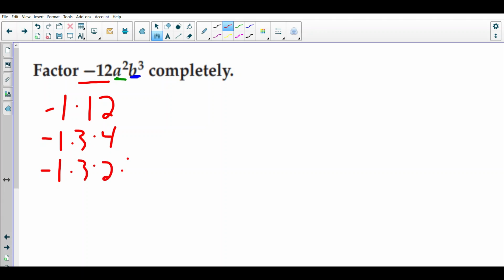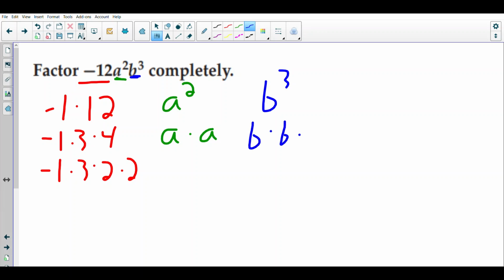And we're going to put all this together in order to make it more appealing. Then we're going to look at a squared. A squared really just means a times a, so it can be broken into a times a. And then b cubed can be broken into b times b times b. So notice when it comes to variables, the exponent tells us how many times it appears.